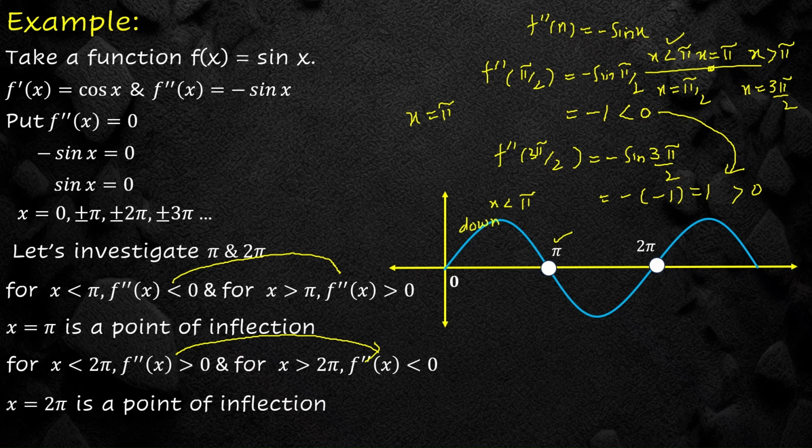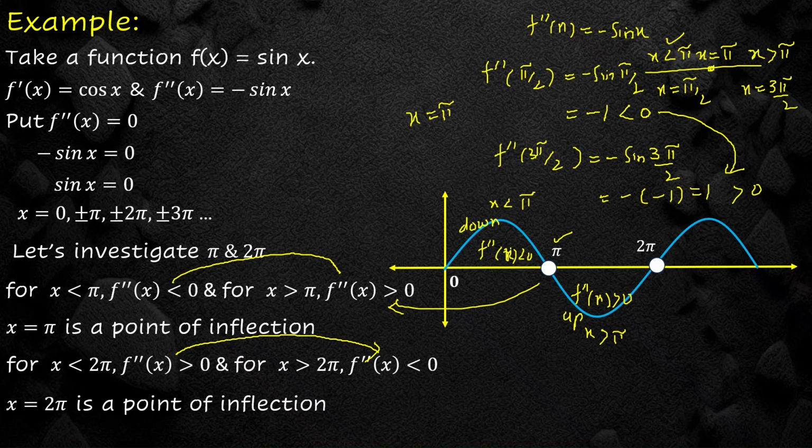That is, double derivative is negative, and after pi, where x is greater than pi, the curve is concave up. The double derivative is positive, as we have explained here.